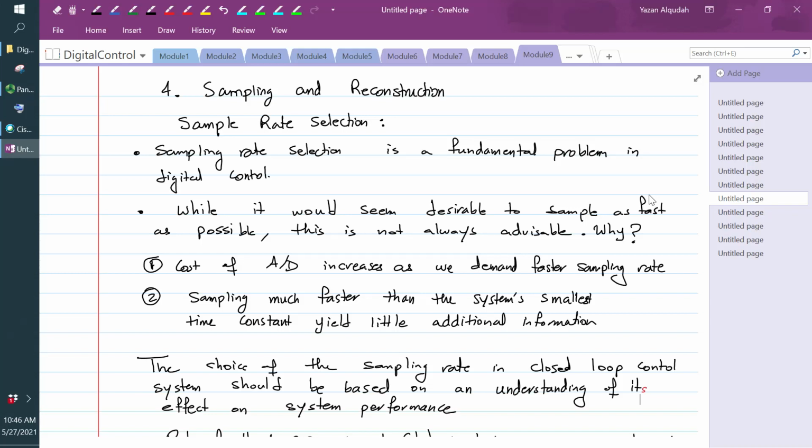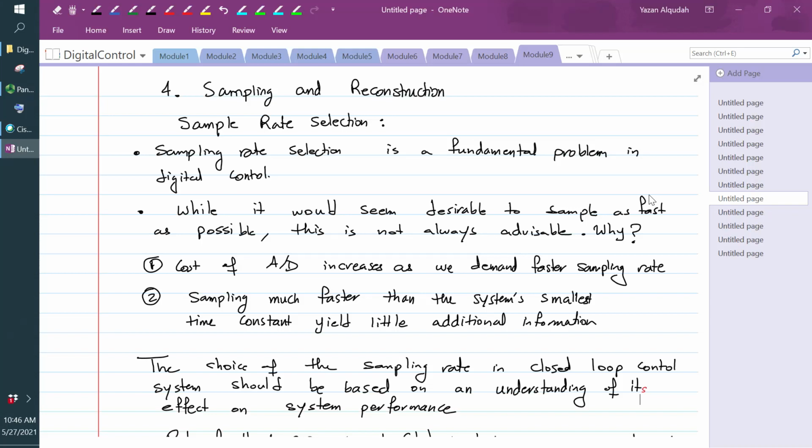The reason is that the more samples you take, the higher the cost of the analog to digital conversion, because you're demanding more calculations of your circuit, and therefore a faster sampling rate means more calculations and a higher cost of the analog to digital conversion.